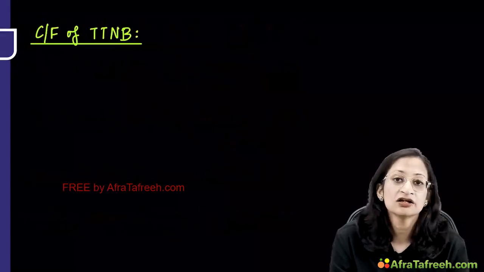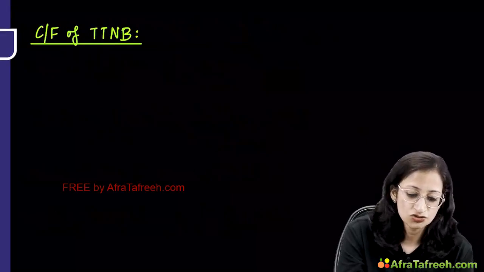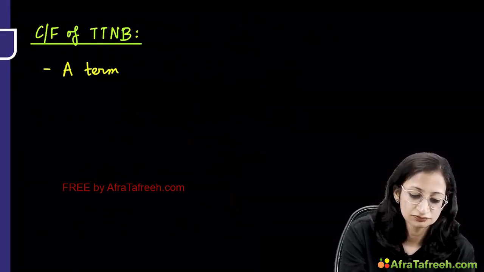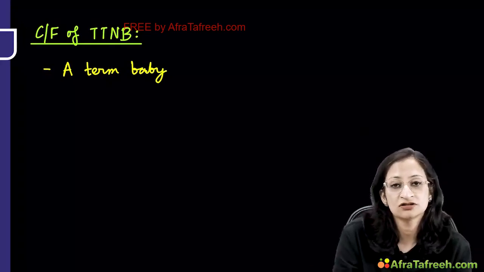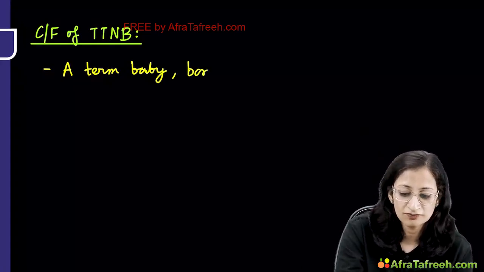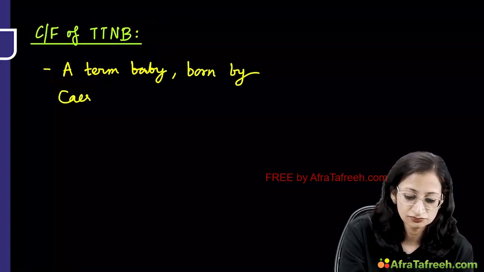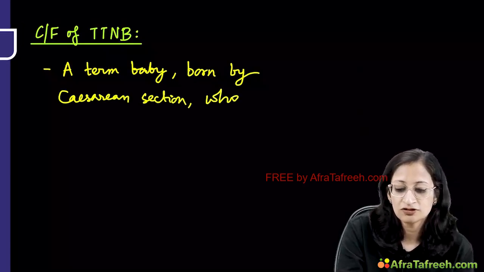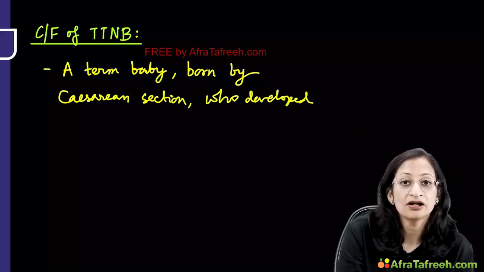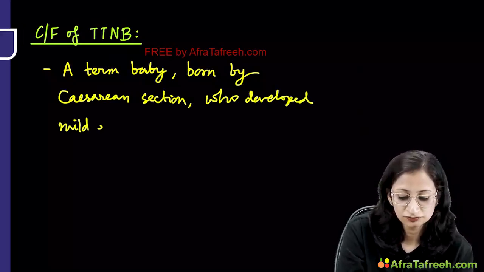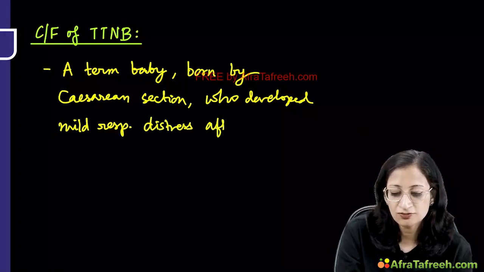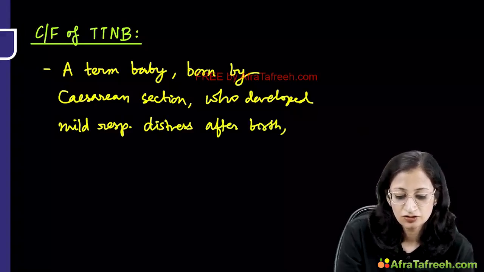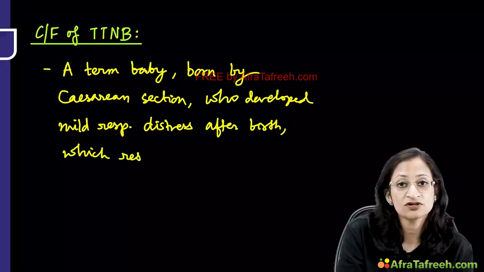Okay. Clinical features. So what you get here is usually a term baby born by cesarean section, who developed mild respiratory distress immediately after birth, which resolves spontaneously in 48 to 72 hours.